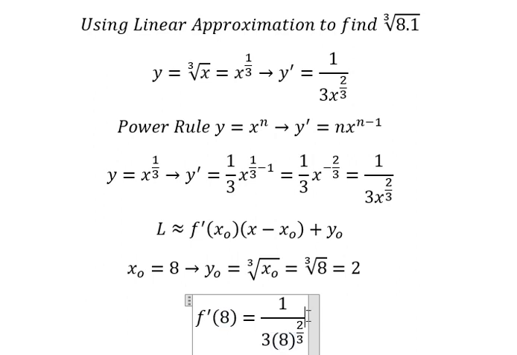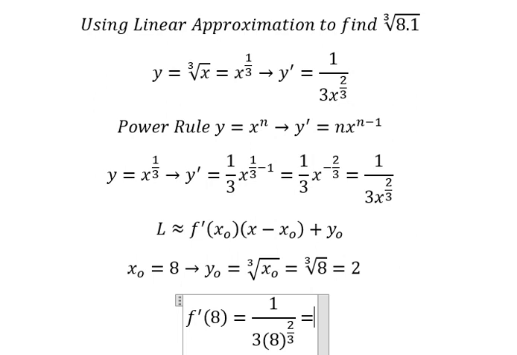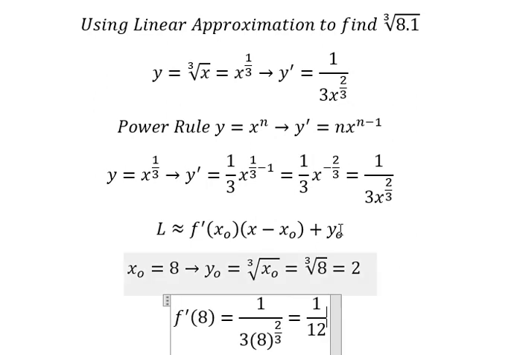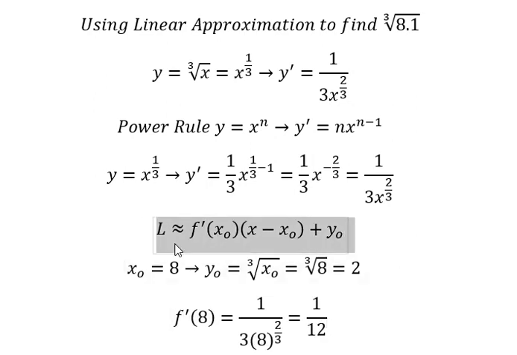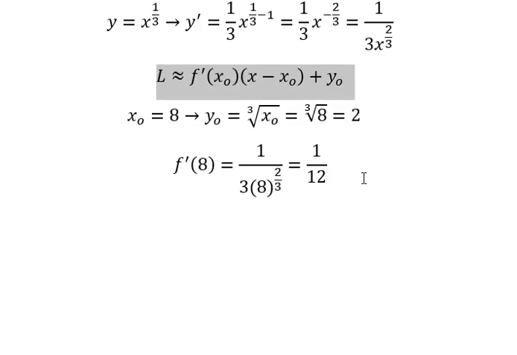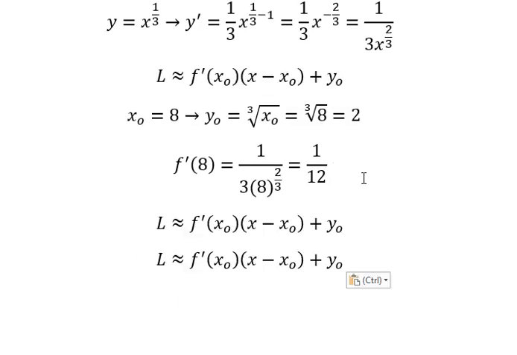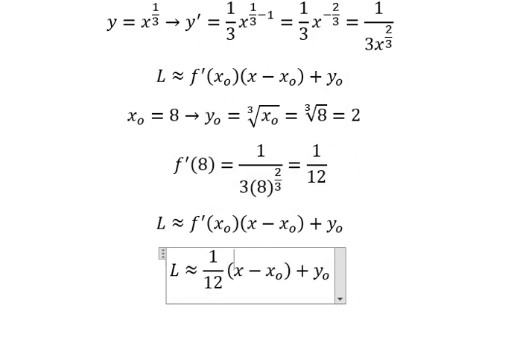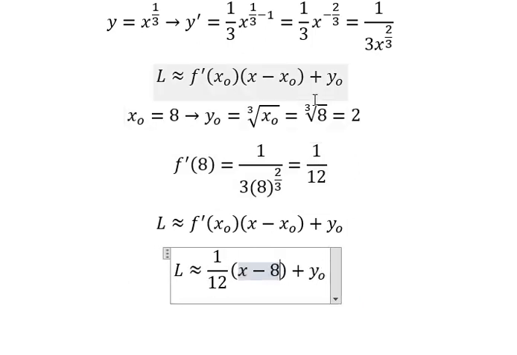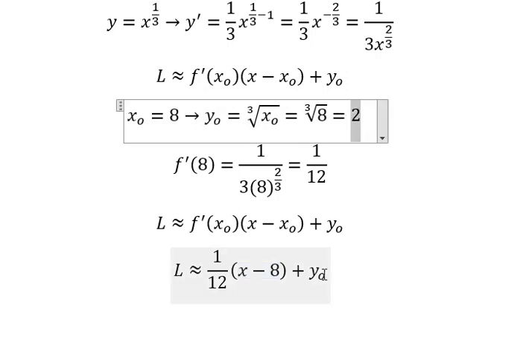So we calculate this number in here, and we have 1 over 12. So now we have the formula in here. This one we calculated is 1 over 12. This one we have number 8. Y0 is number 2.